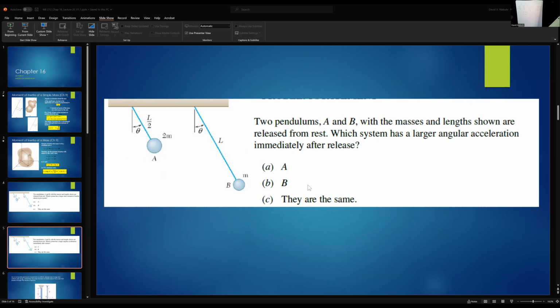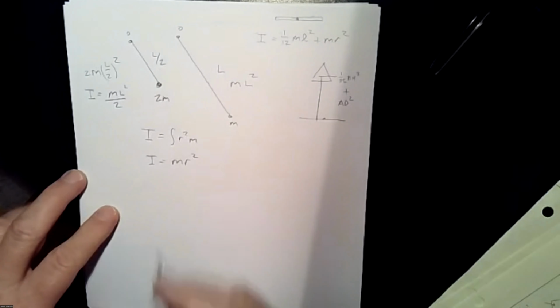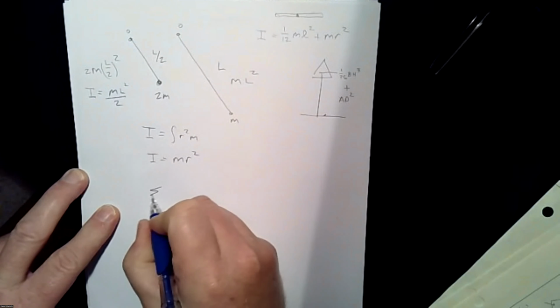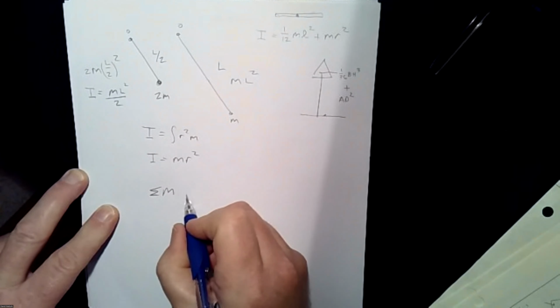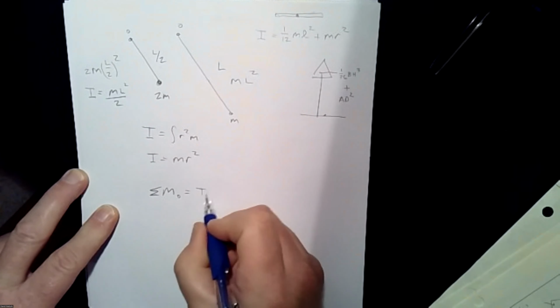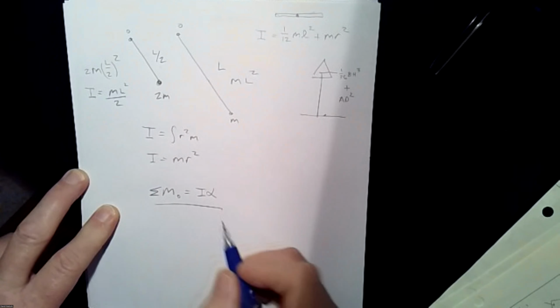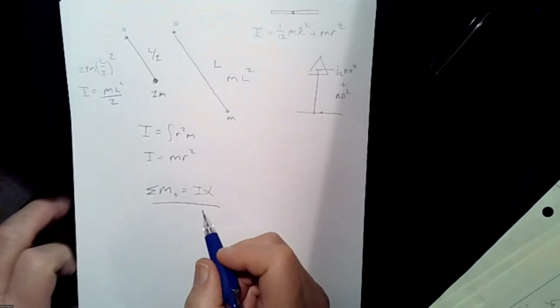Well, you probably can infer that from what we've been talking about, because we know that the sum of the moments about O, which we're going to get to, is equal to I alpha. I know I haven't presented that yet, but hopefully you've done some reading ahead in the book.